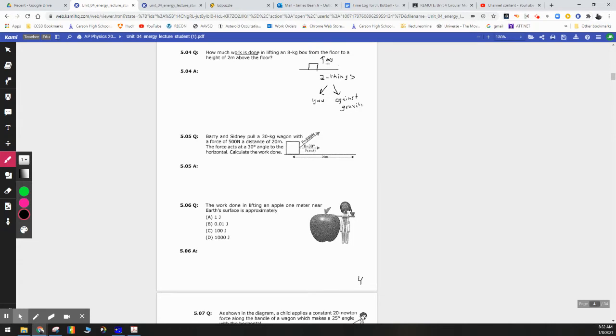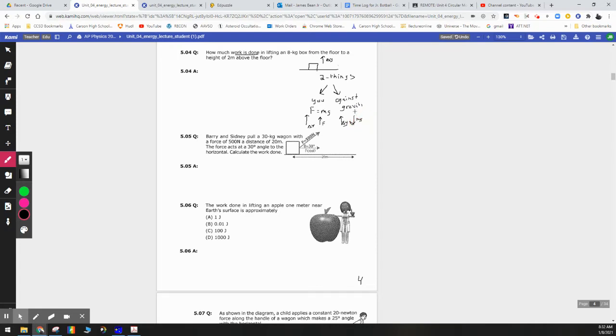So if it's you, the force in this case is just going to be mg, because the direction of delta y is in this direction, and the force is also in this direction because you are doing it. If it's against gravity, we've got to be careful now, right? Delta y is still in this direction, but gravity is acting in this direction, so mg is in this direction.